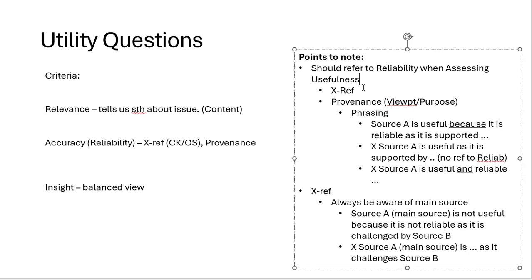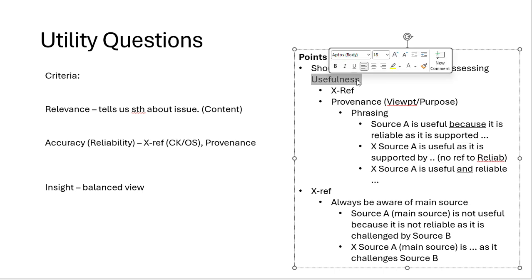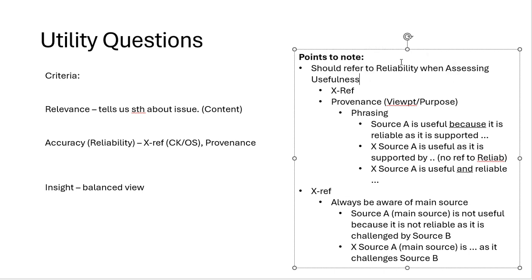The first thing is when you assess usefulness, make sure you refer to reliability, so the idea of accuracy. For example, when you cross-refer, why are you cross-referring? You're cross-referring to determine whether a source is reliable, and being reliable or not will then determine its usefulness.